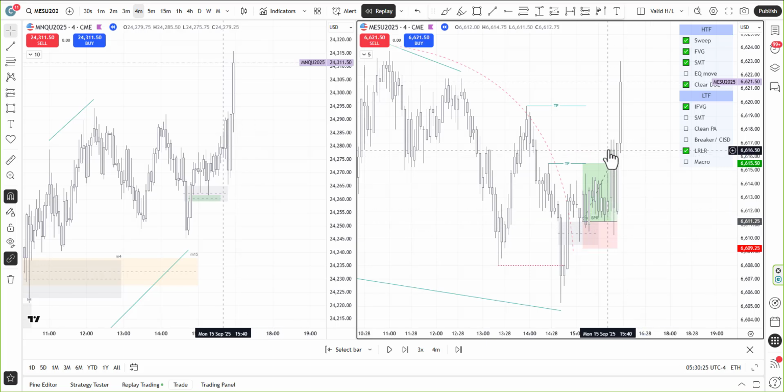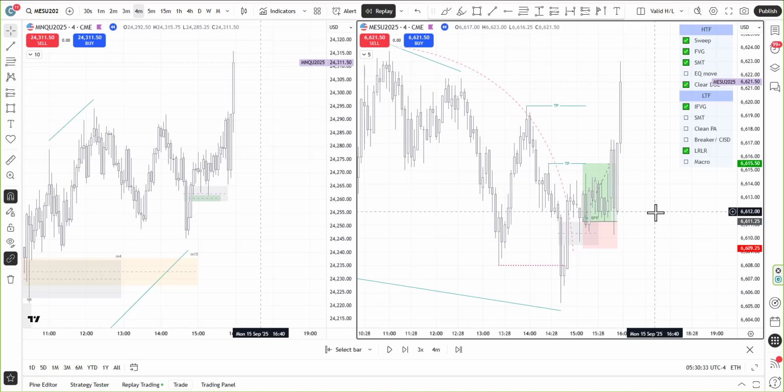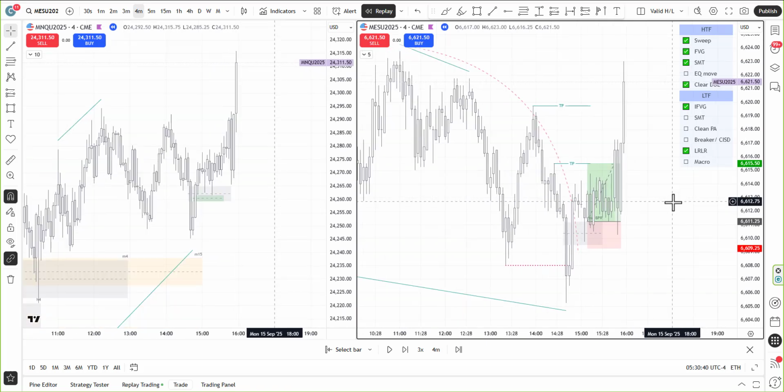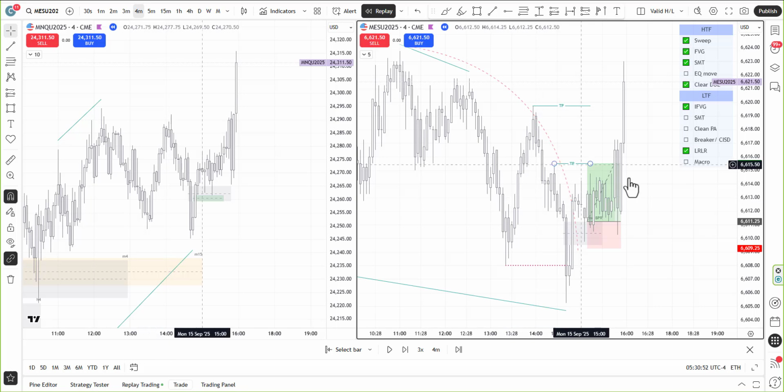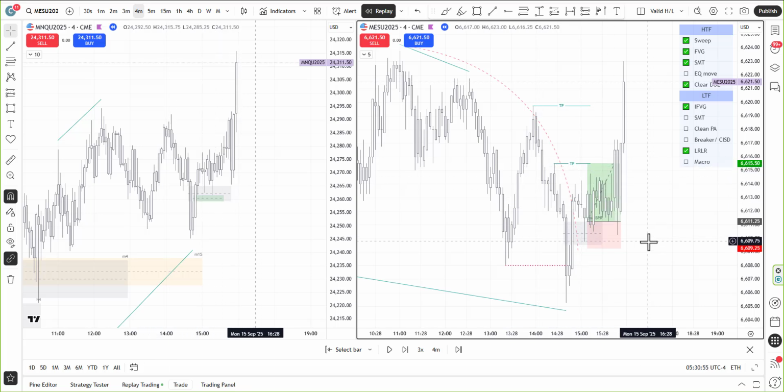So I would either manually close my trades here, or I would trail my stop either to break even or to this wick and get stopped out over there, which would be a shame, because afterwards it just rallied. But that's the interesting part. It's always good to have a quick trade, prefer the quicker trade.